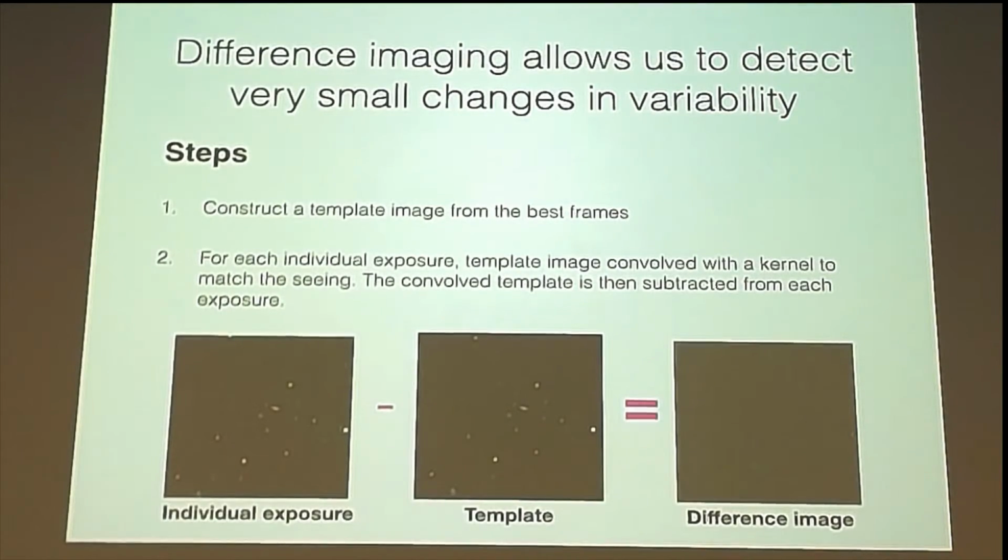After that, you take an individual exposure and degrade the template image to match the resolution of that particular exposure, match the backgrounds as well, and then subtract the template from that exposure. That leaves you with a difference image, which will be relatively flat, except that anything varying between the two images will pop out against the background.